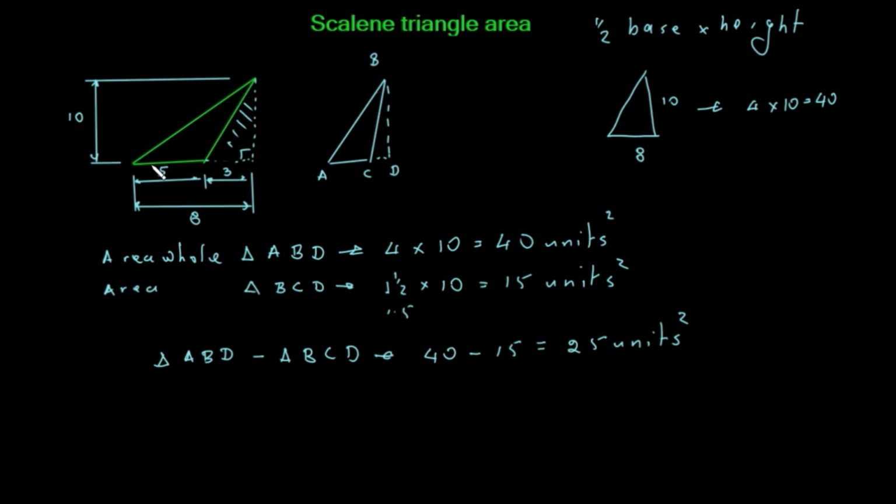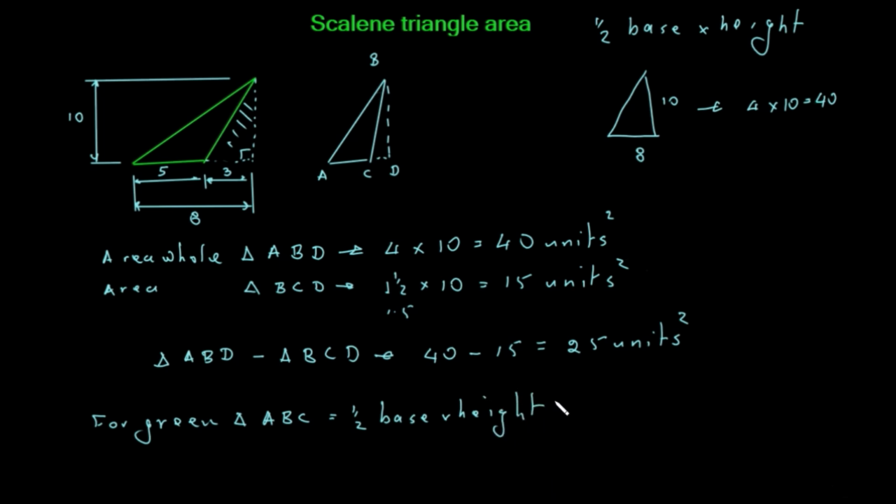Does the formula, when I apply it, give the same answer? Looking at the green triangle, which in fact is triangle ABC, it's this bit here, and it's equal to half the base times the height.